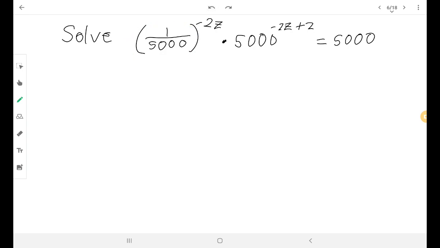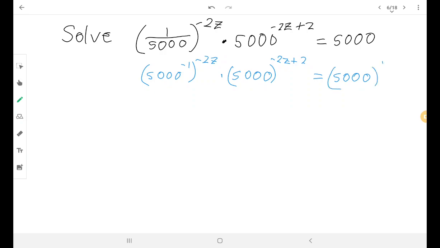So I'm going to rewrite it as 5,000 to the negative 1 power raised to the negative 2z times 5,000 raised to the negative 2z plus 2 equals 5,000. And I'm going to think of that as being raised to the first power. So I need to do multiplication there. Raising powers to powers means multiply the powers.